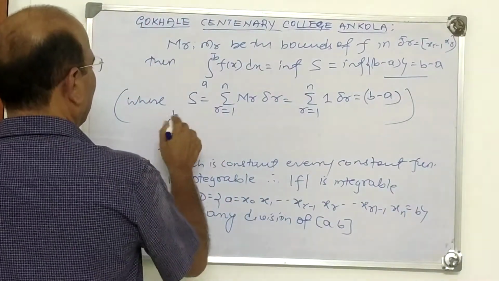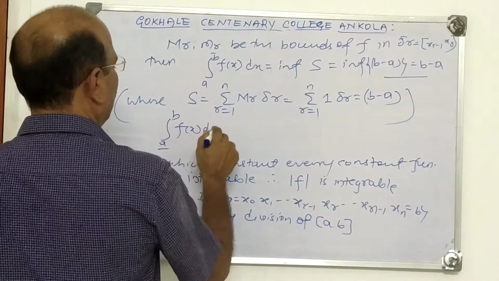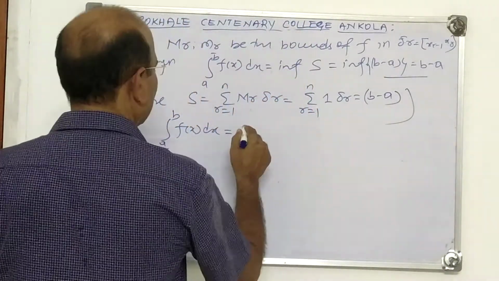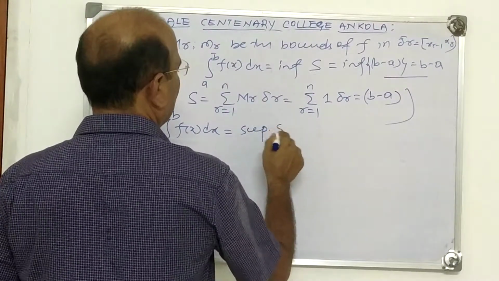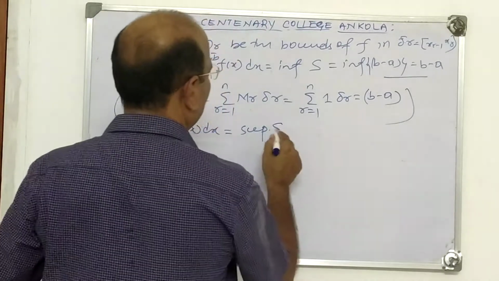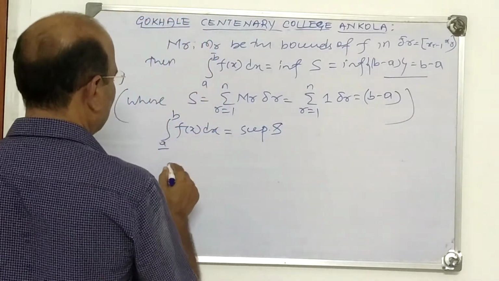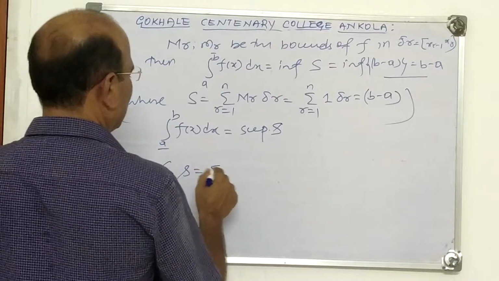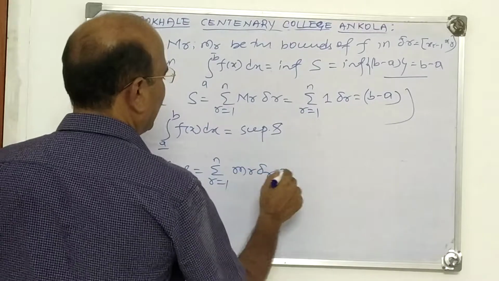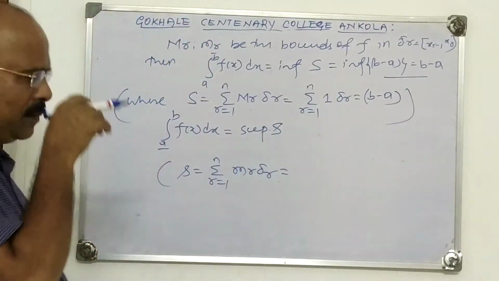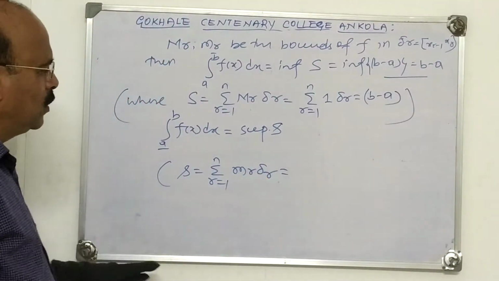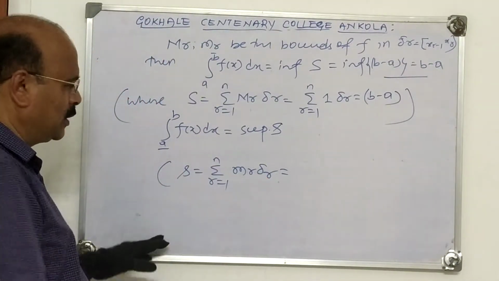And what is the lower integral? The lower integral from a to b of f x dx is the supremum of small s. What is small s? Small s is sigma 1 to n of small mr delta. From the beginning we have studied this, capital S and small s.